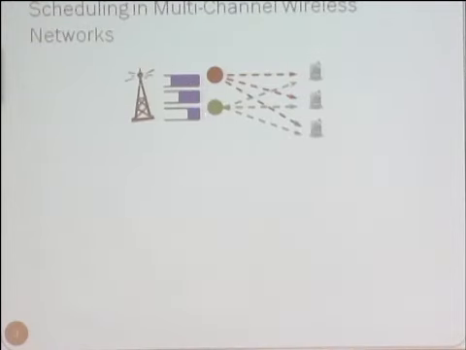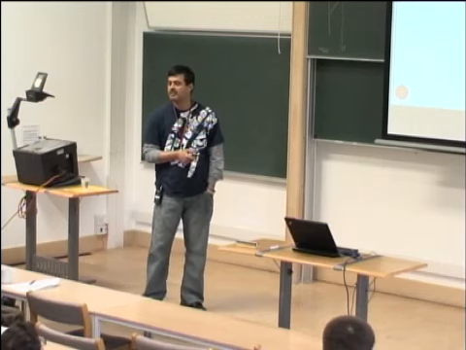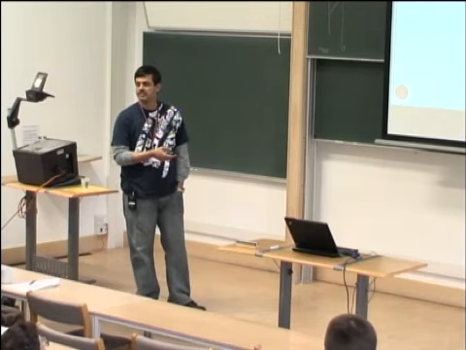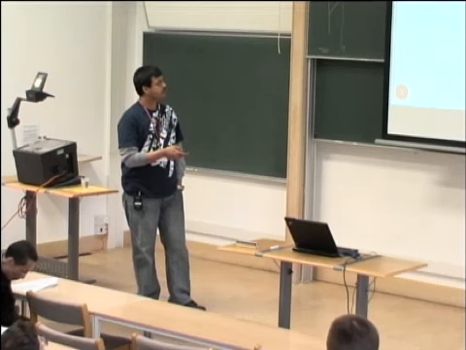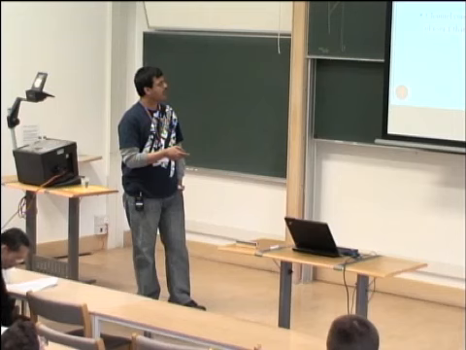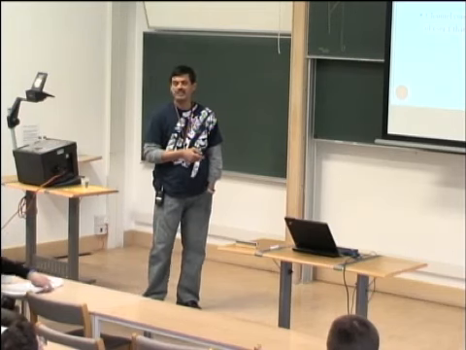So this red channel and the green channel can each serve one user in each time instant. Of course, they can serve the same user at the same time instant, but each server can only serve one user. And the channel conditions, as I mentioned earlier, fluctuate over time.